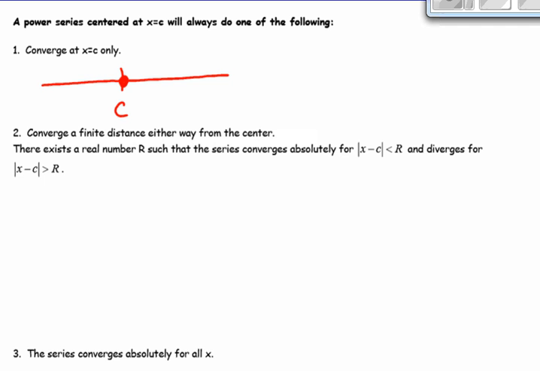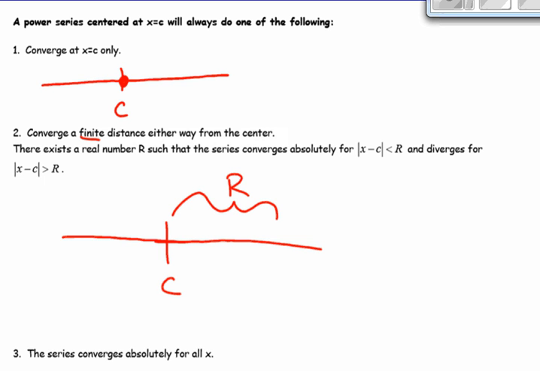It could also converge a finite distance either way from the center. When we have a finite distance from either direction, we call this the radius. We're going to use capital R here. If you have this center here, and you converge some finite distance away from the center, we'll say this is R, and then you also have the same distance in the other direction, then you would have this is some x minus c, and this is some x plus c.